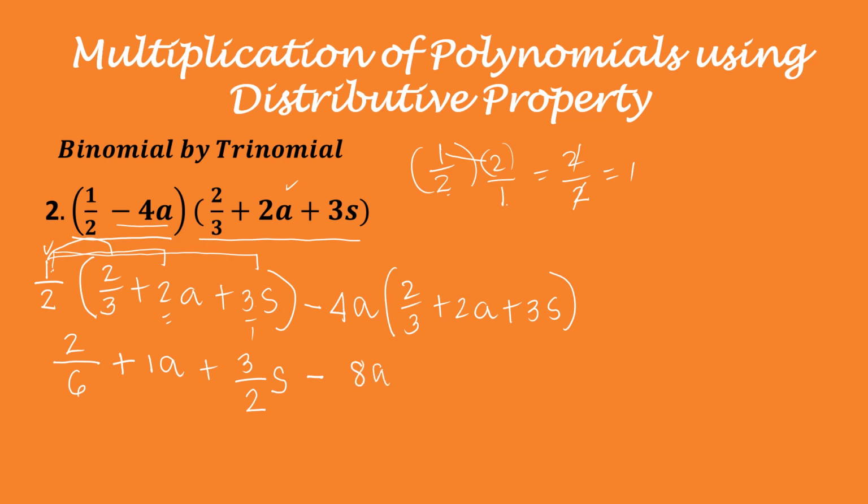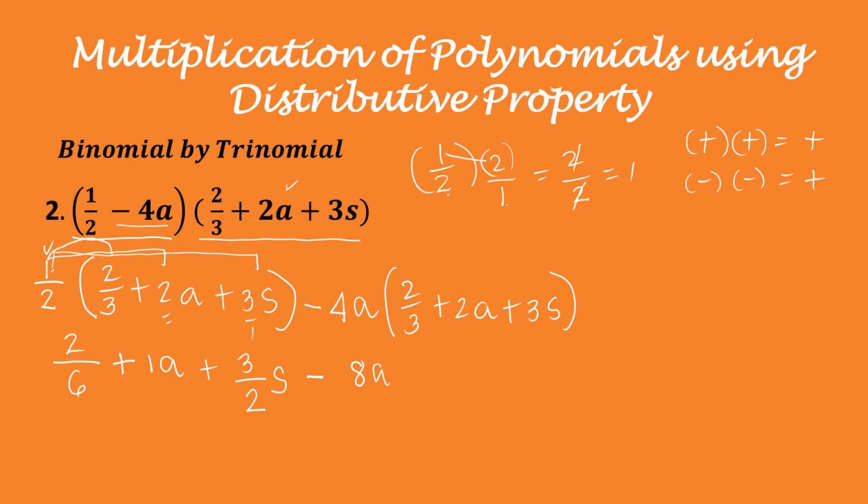And why is this negative? Because negative 4a times positive. Remember in multiplication, remember the sign, the product of their signs. If we multiply both positive, the product should be positive. If we multiply both negative, still the product will be positive.